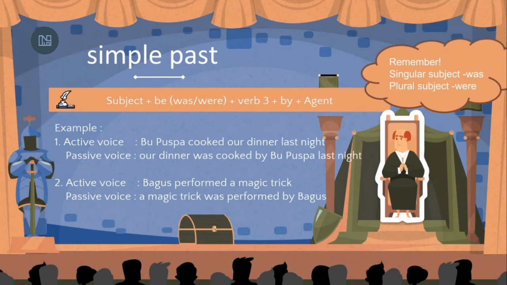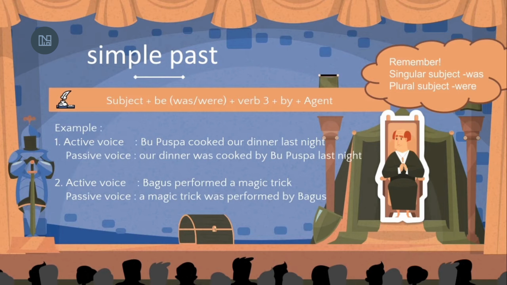Okay, now we're going to passive voice in a simple past. We can remember the pattern that subject plus be, that is was or were, plus verb 3 plus by plus agent. And we have to remember use was to singular subject and were to plural subject. For the example, I have an active voice. Bu Puspa cooked our dinner last night.